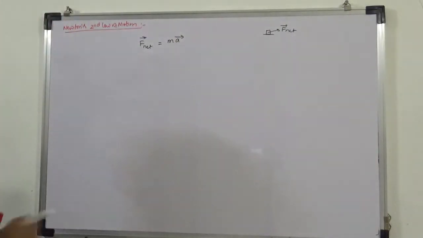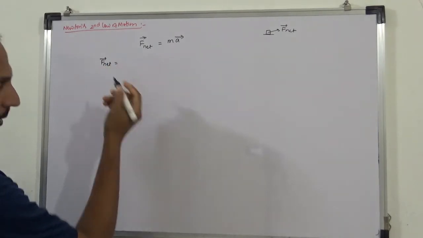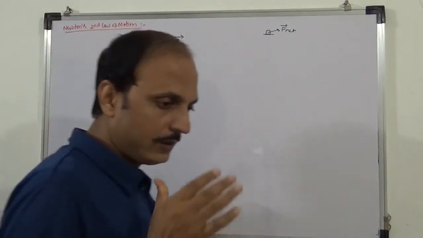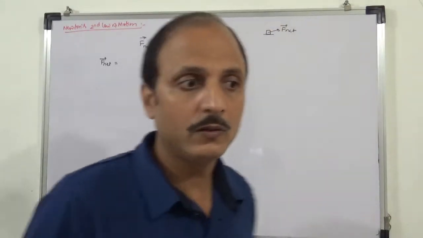Here F net, in vector form, can be converted into the rectangular coordinate system of the vector, which all of you are aware of.